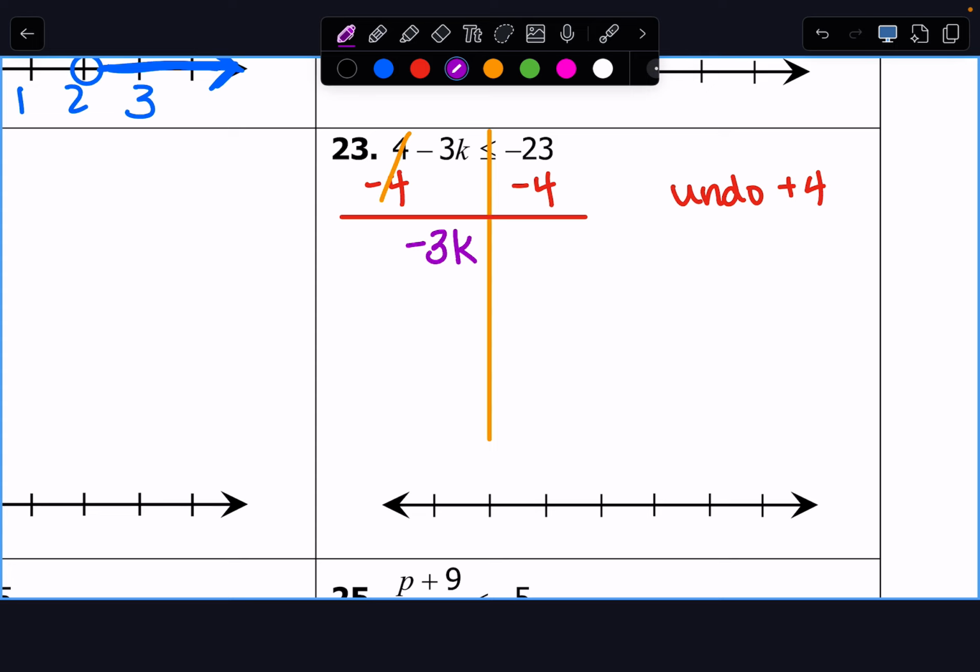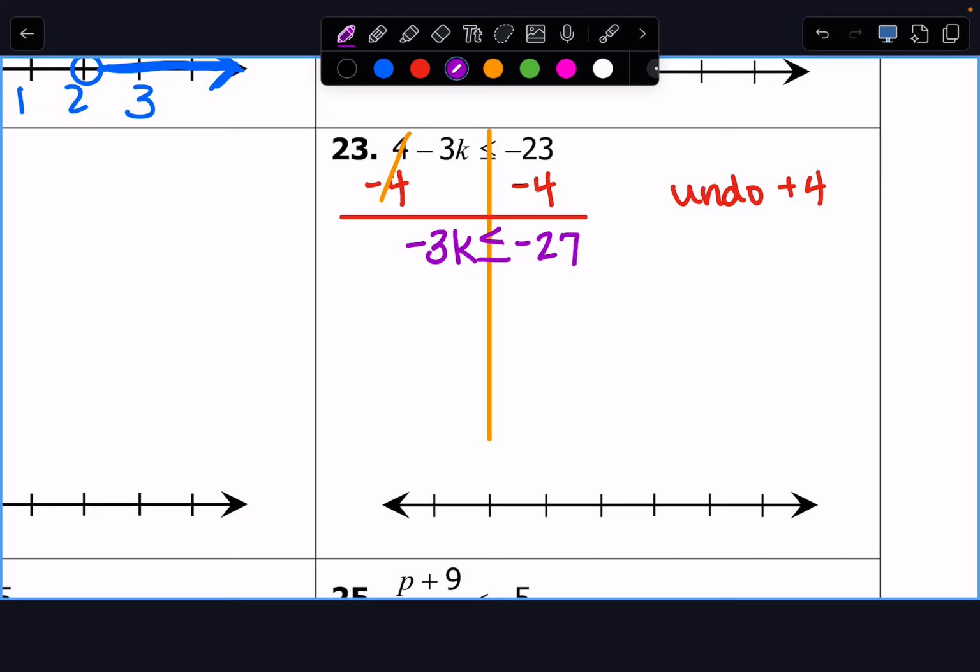Our sign is the same. And another argument that we had: negative 23 minus 4 was negative 27.